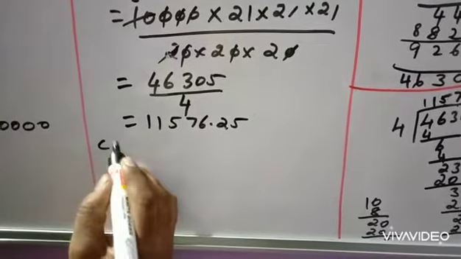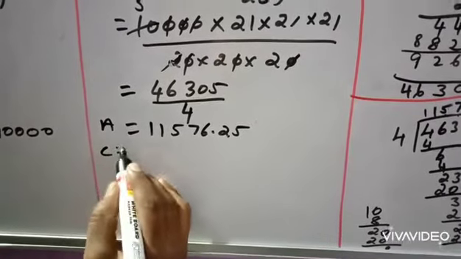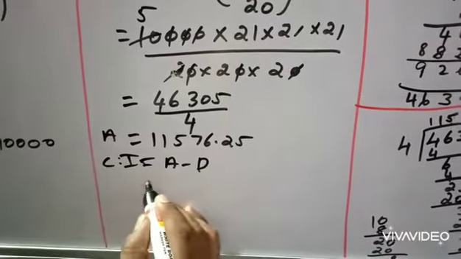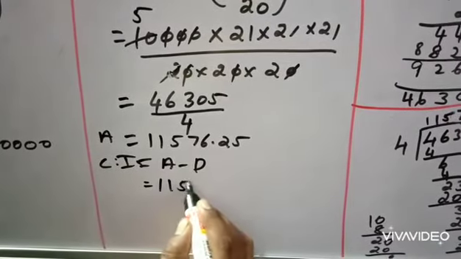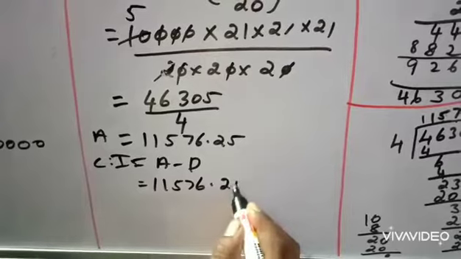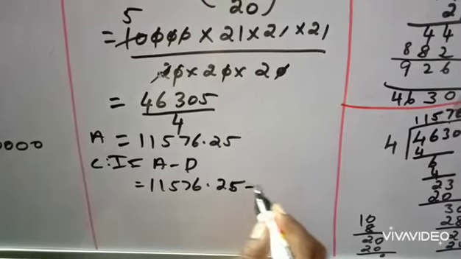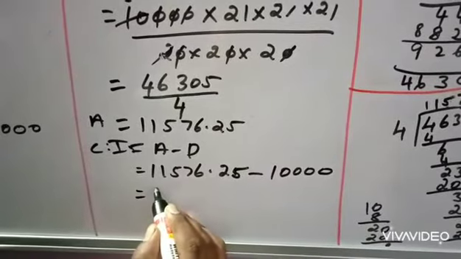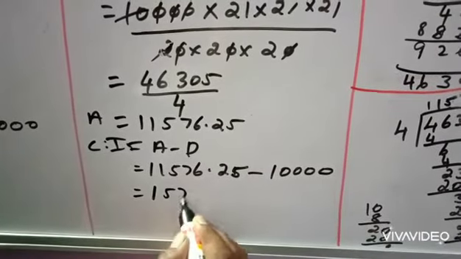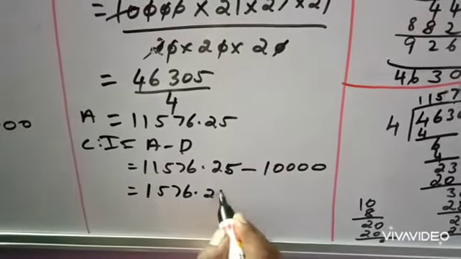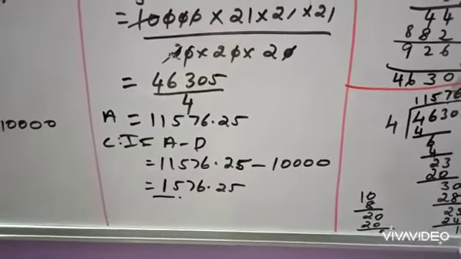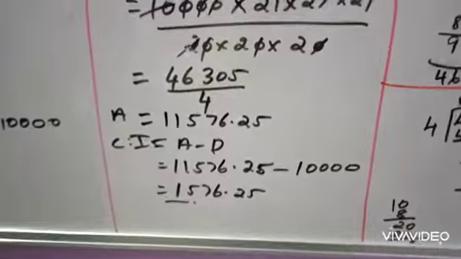So now what is the interest? Interest equals amount minus principal, so 11576.25 minus 10,000 equals 1576.25.